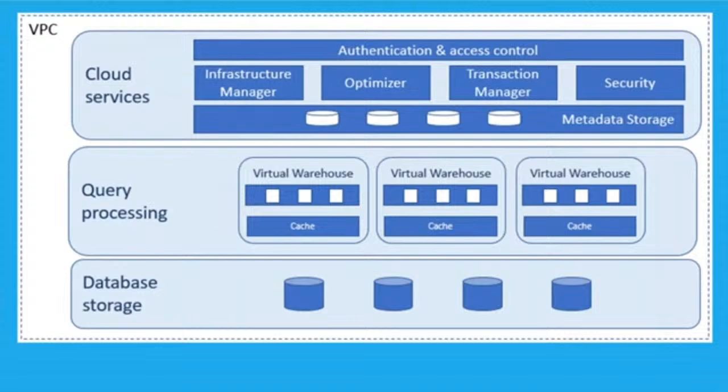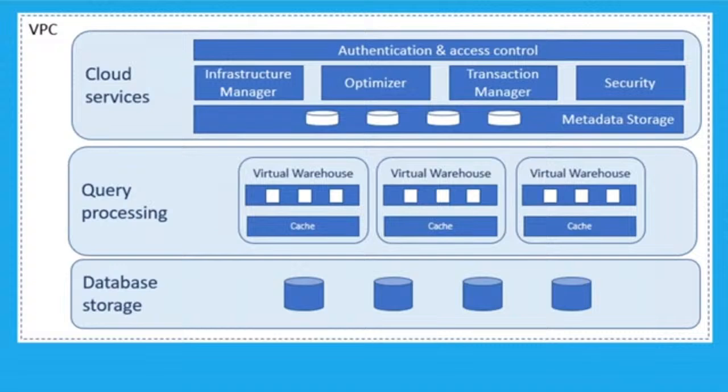Okay. In the query processing layer, the virtual warehouse is the hardware component which processes the request. See, in your traditional database or data warehouse, you will have CPUs, memories, and everything. Like that, this is also a virtual warehouse. A virtual warehouse is the hardware resource in your Snowflake.